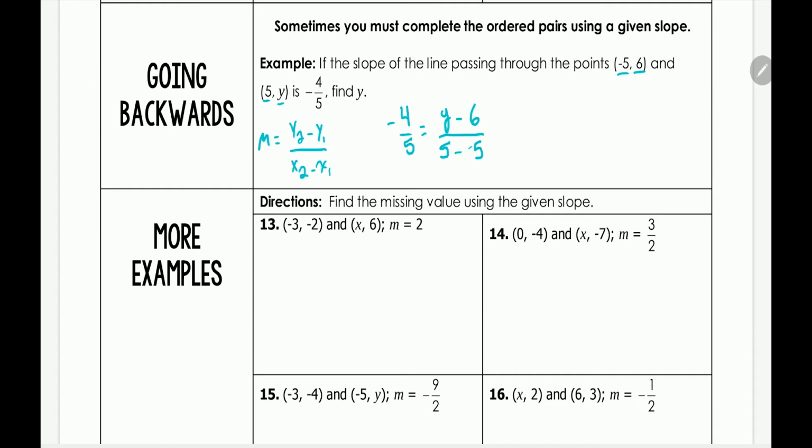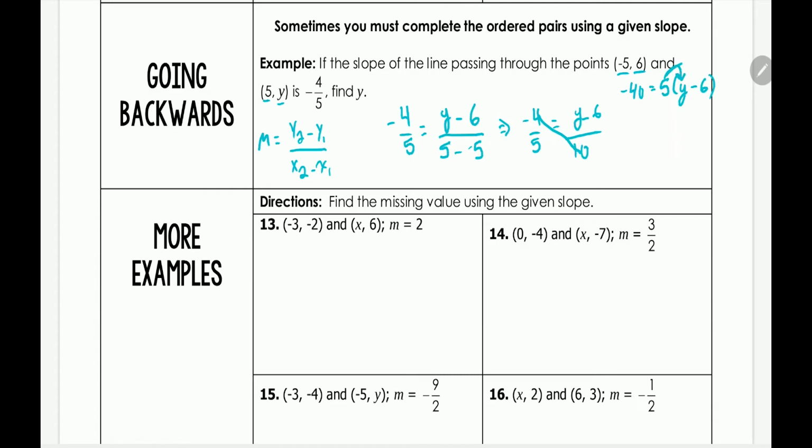If we simplify this a little bit, we have -4/5 is equal to y minus 6 over 5 minus -5, the same thing as 5 plus 5. That's going to be 10. And now we have to cross multiply. So we have -40 is equal to 5 times y minus 6 in parentheses.